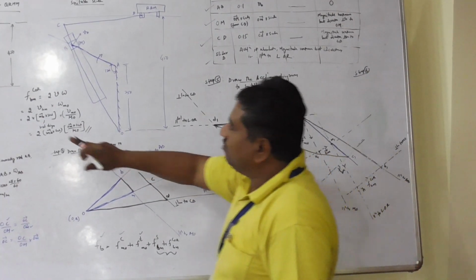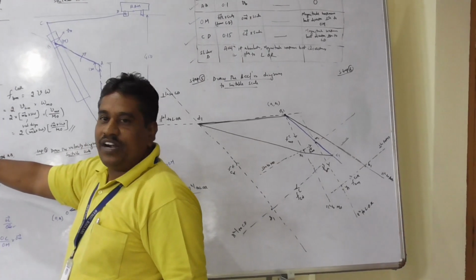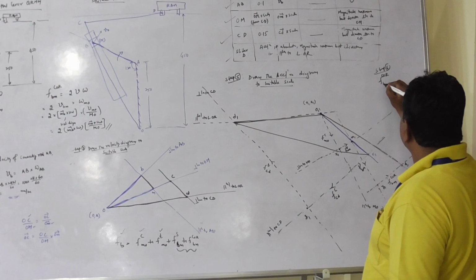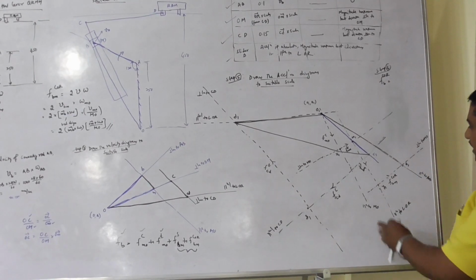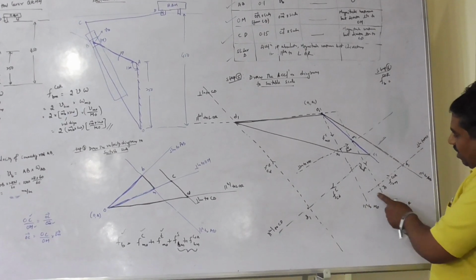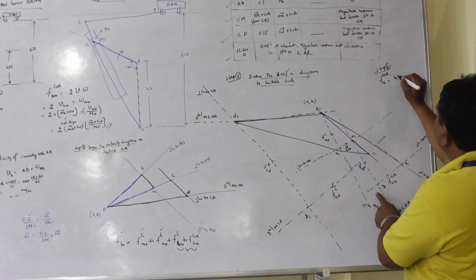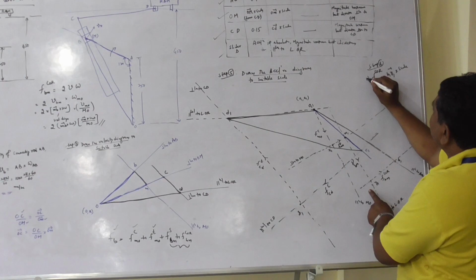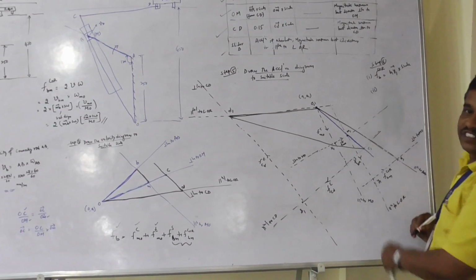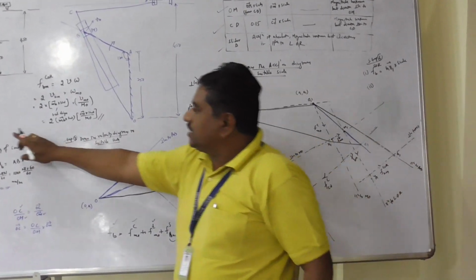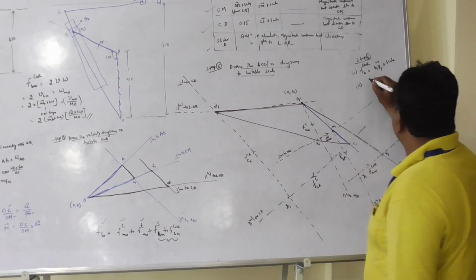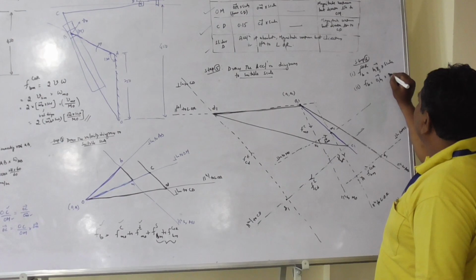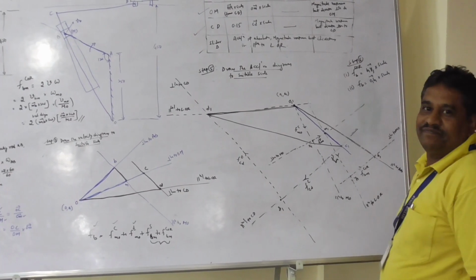He is asked to determine what is the Coriolis component of B. Coriolis component of B, from the acceleration diagram, vector B1 Y1 into scale of the acceleration diagram. You can determine. The second bit is acceleration of B. Acceleration of B is vector O1 B1 into scale.